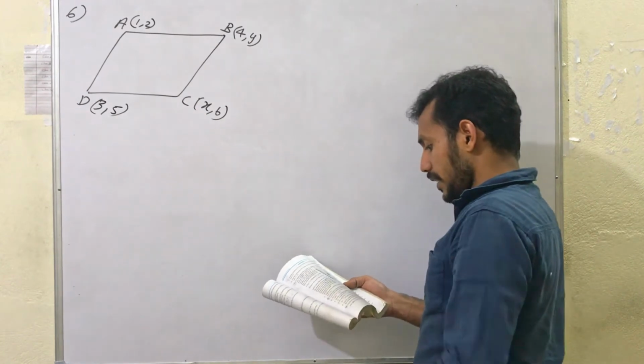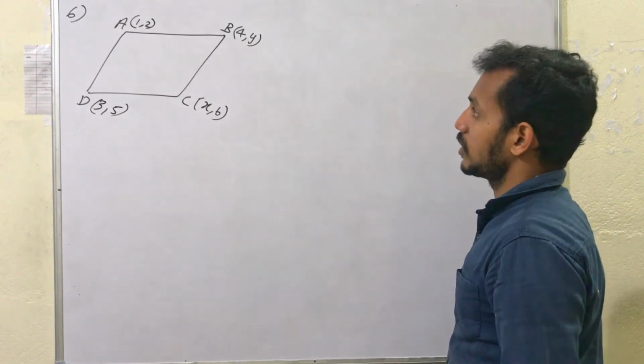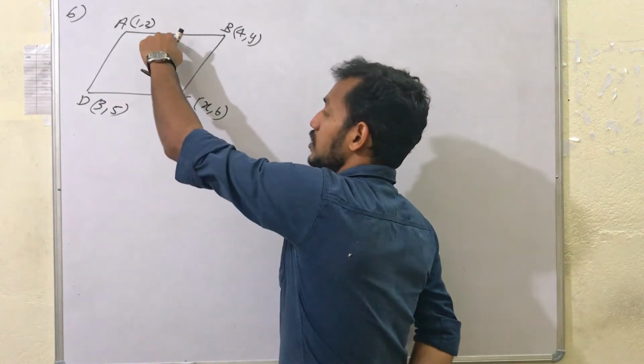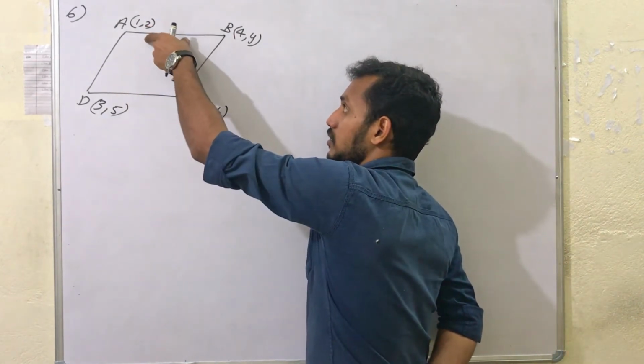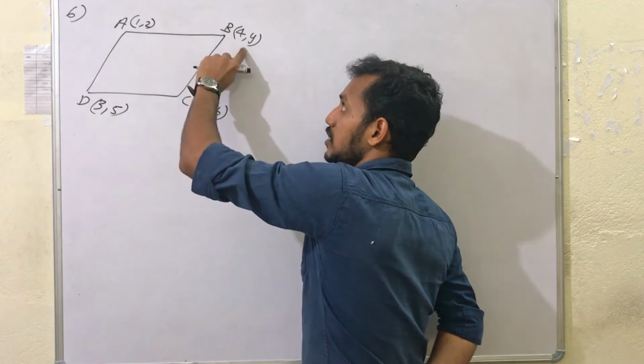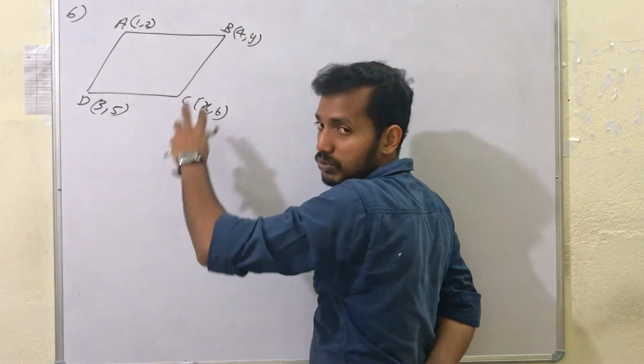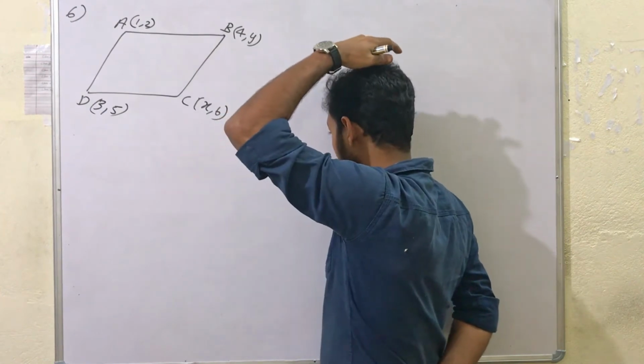Taken in order, find x and y. How to find x and y? We may be thinking that we can use the equidistant concept, that is, the opposite sides are equal. But here it is y, here it is x. So we will get two variables in one relation.